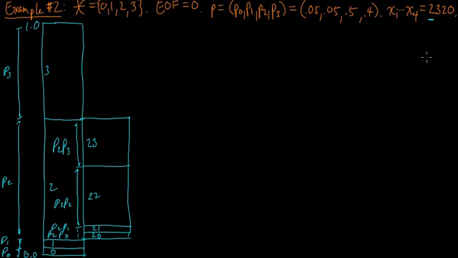And our second symbol to encode is a 3. So we focus on the 2,3 chunk. Once again, we subdivide a 0.05, a 0.05, a 0.5, and a 0.4.